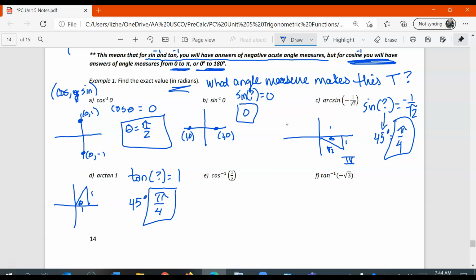Okay, next one. So this is saying the cosine of what angle is 1/2. And so we're positive 1/2, and so we're in quadrant 1. There it is, right there. This is 2. This is your pi over 6, so this is your 30.